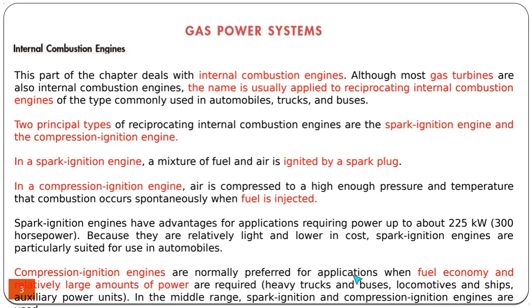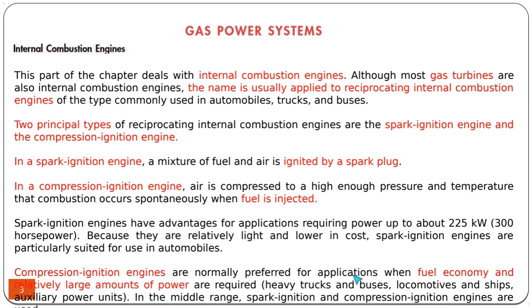In spark ignition engines, air and fuel mixture is ignited by a spark plug. On the other hand, in a compression ignition engine, the compressed air has a high enough temperature to ignite a fuel which is injected into the air.